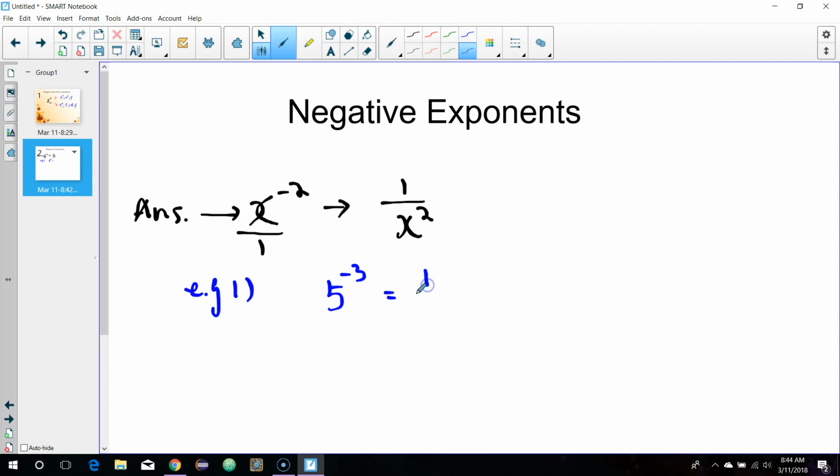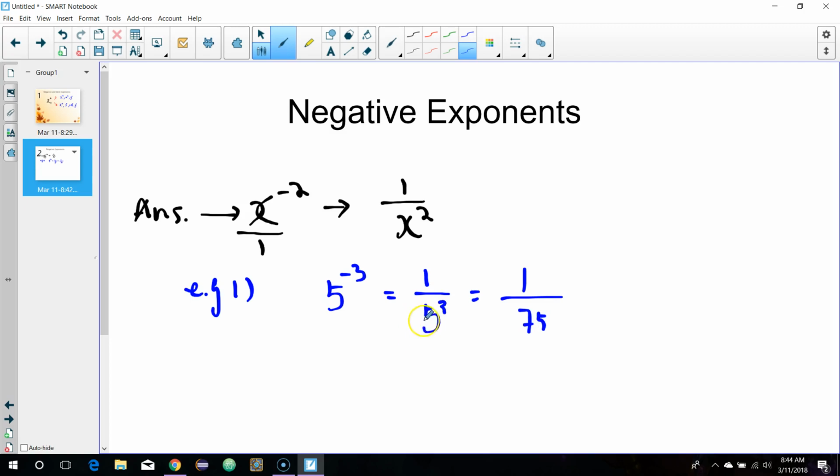You're going to turn that into 1 over 5 to the power of 3. For this one, it's not too bad because 5 to the power of 3 is really doable. It's basically 5 times 5 times 5, which is 25 times 5, which is 75, I think.